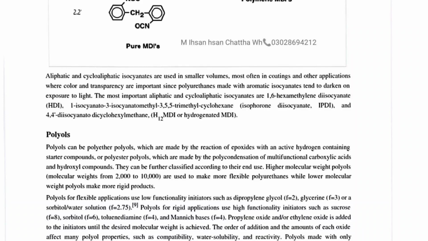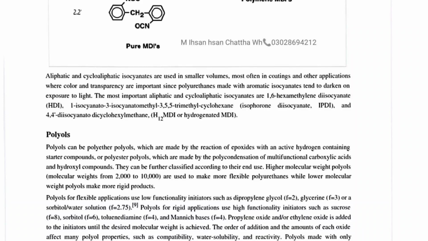Polyurethanes are more flexible with high molecular weight polyol, and low molecular weight polyol makes them more rigid. Student, polyols are considered for their properties. For flexibility, low functional initiators such as propylene glycol, glycerine, sorbitol, and water are used.